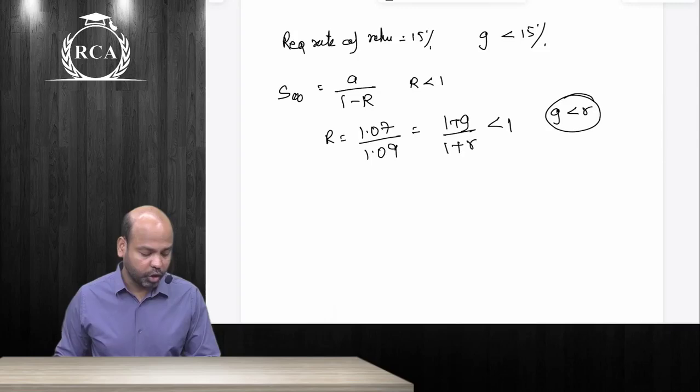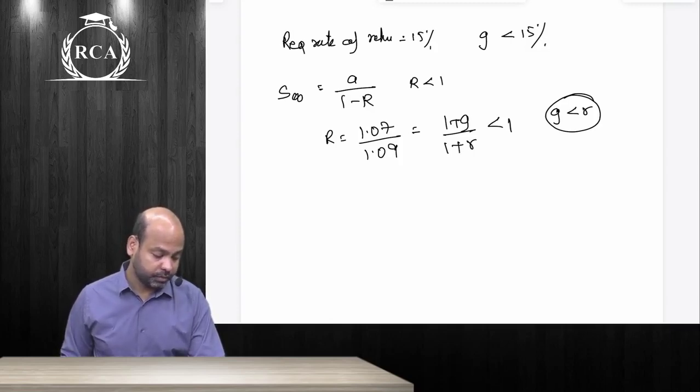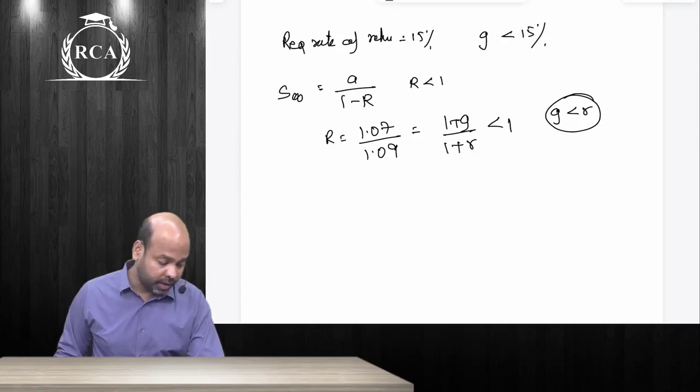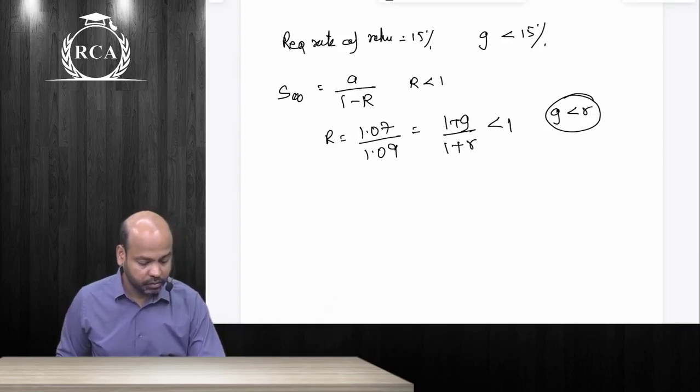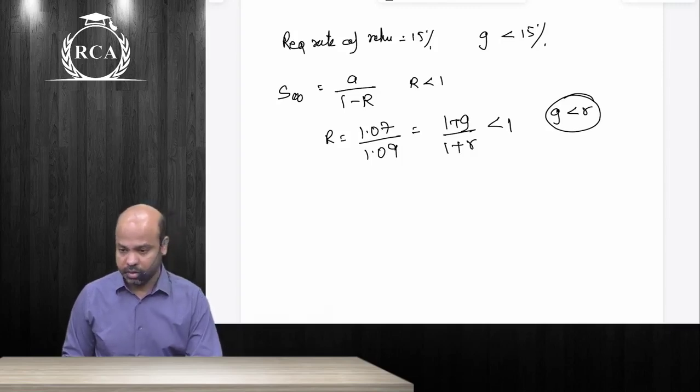The formula of constant growth perpetuity can be used only when the growth rate is less than the required rate of return.